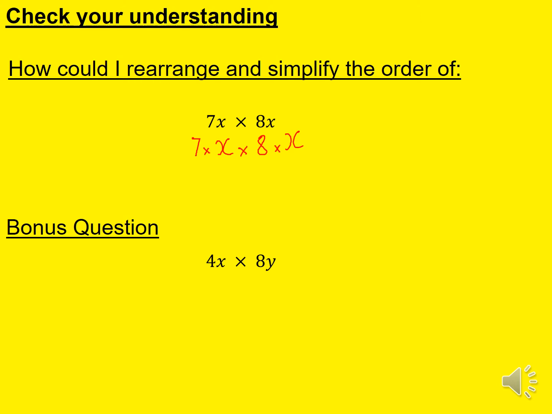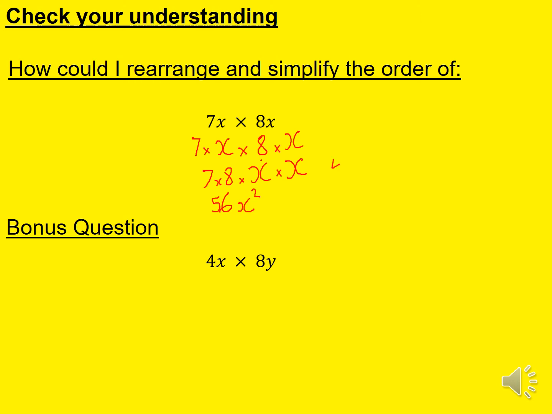So I've got the numbers together, 7 times 8, then times x times x as well. So then I do 7 times 8, which is 56. And x times x, something times by itself, that would be x squared.